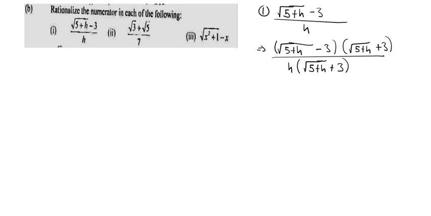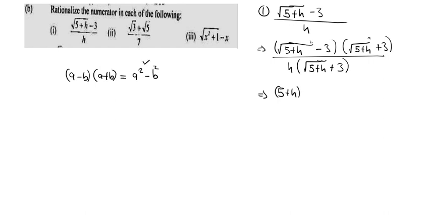This is the conjugate, so it will obey the rule I showed you: a minus b times a plus b is equal to a squared minus b squared. So that's how we'll approach this one. You square that and you square that, that will give us just 5 plus h, because the square will be removed.